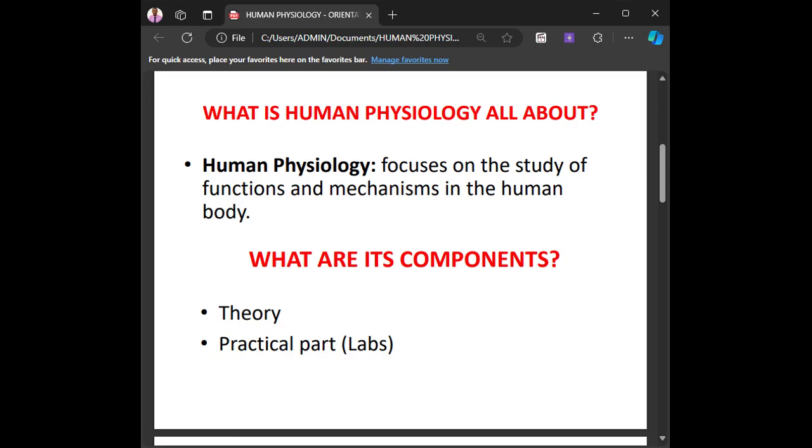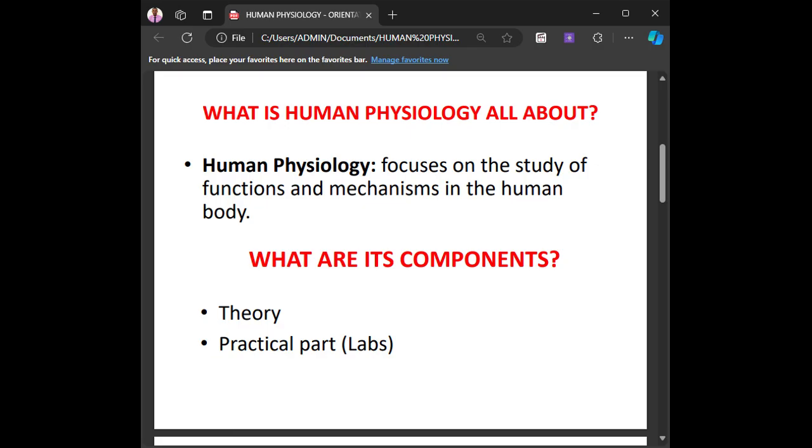You learn that in theory, and you have to go and do it in the practicals, which are normally referred to as labs. These labs are not where you just do the practical and then leave just like that.